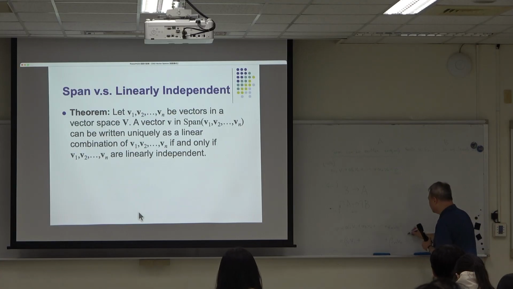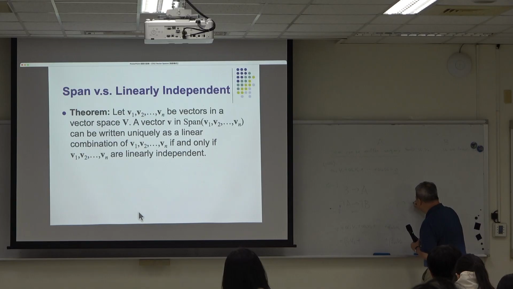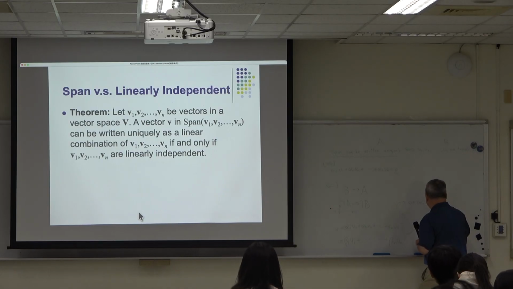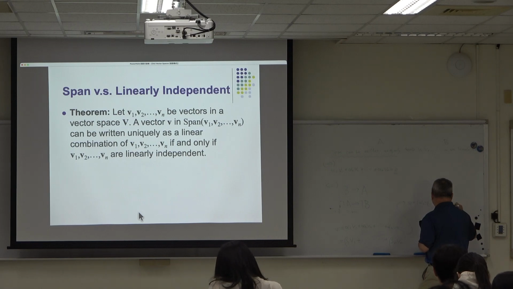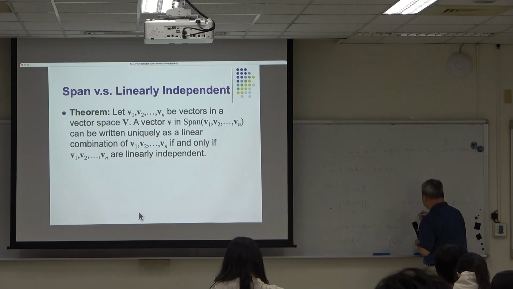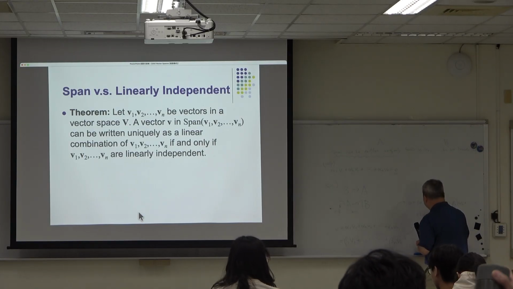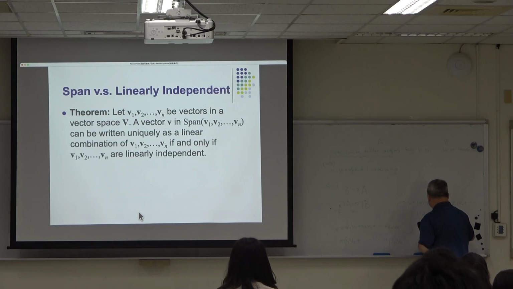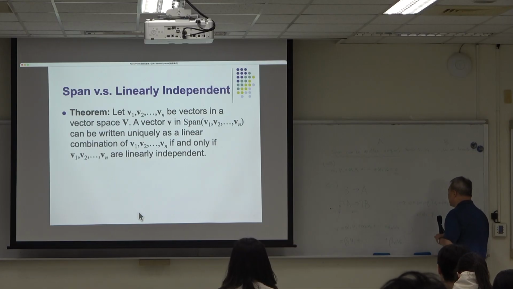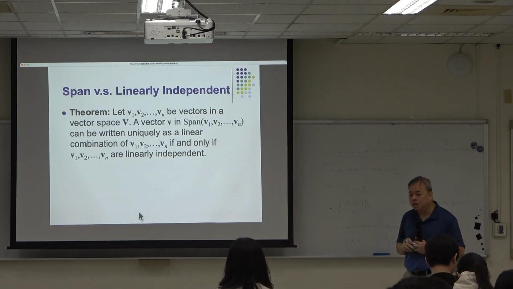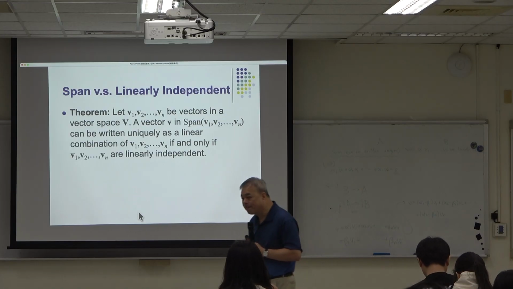So in other words, 0 equals (alpha 1 minus beta 1) v1 plus (alpha 2 minus beta 2) v2 plus blah blah blah plus (alpha n minus beta n) vn, right?